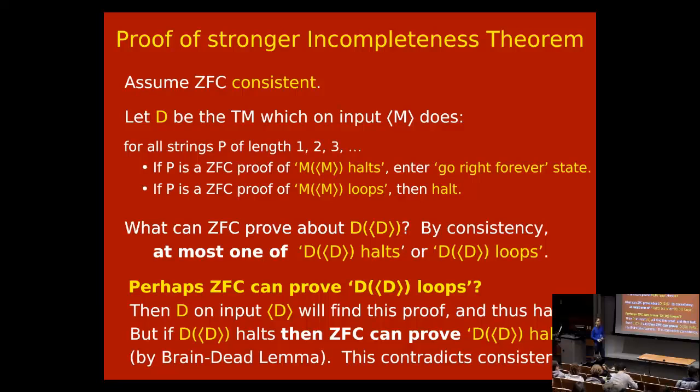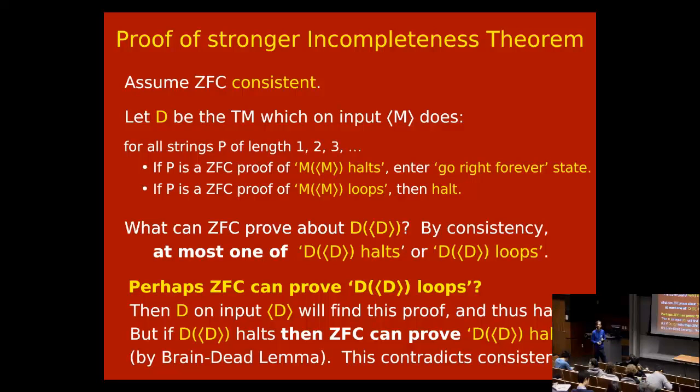Okay. Any question? Yeah. So when we say that we can prove D of D loops, we're never saying that D of D actually loops. Yeah, here we're doing a little proof by contradiction. We're assuming that ZFC can prove the statement D of D loops. And from that, we're deducing that in reality, if that's true, then D of D will actually halt.